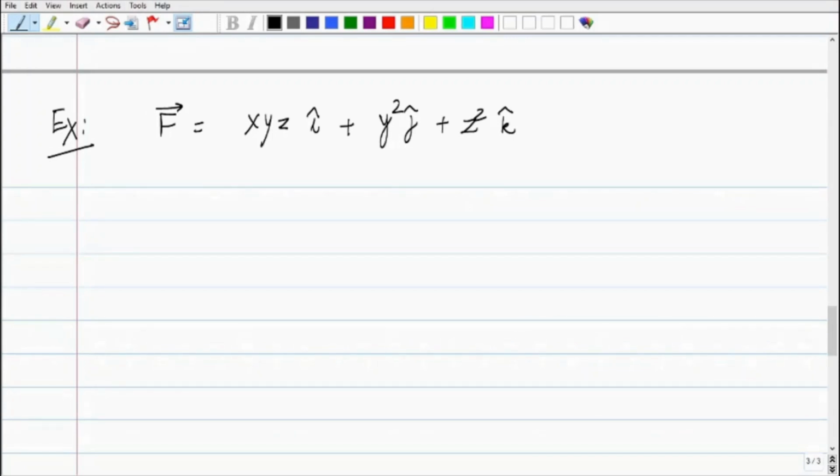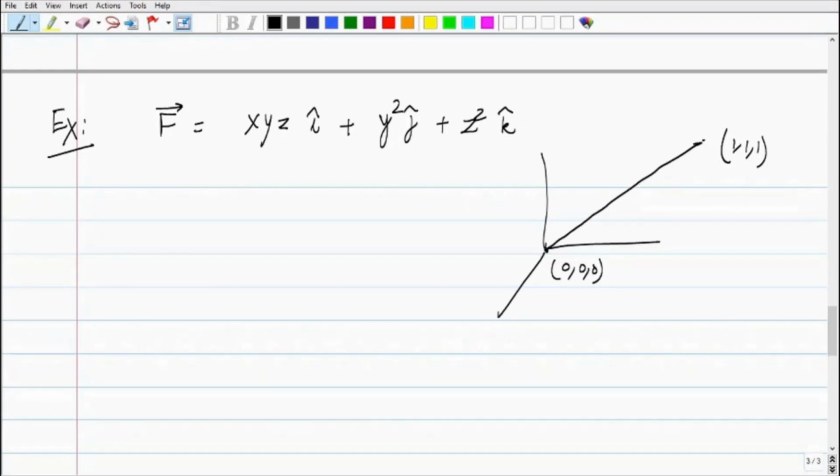Okay, and we have to integrate along the following path. The final point is 1, 1, 1, and the initial point is 0, 0, 0, and we have to go along a straight line.